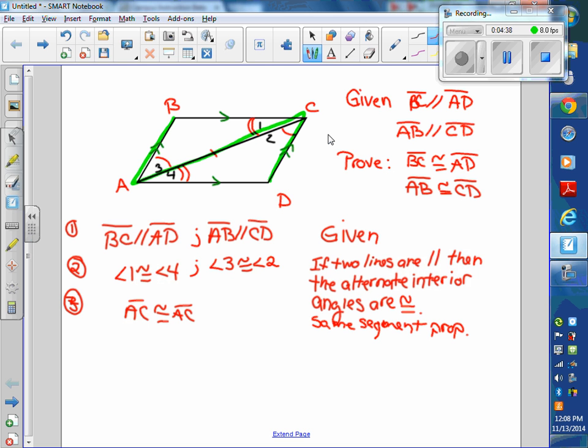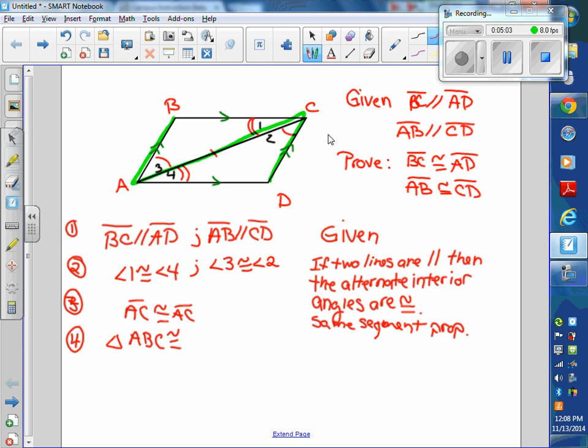So the triangles are congruent. So what triangle, Sean? ABC to what? Okay, how about the other, Sean? ABC to... How about Cal? ABC to C. Thank you.